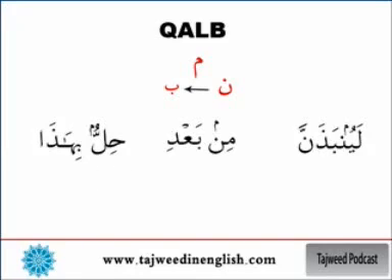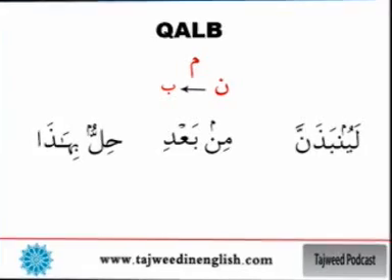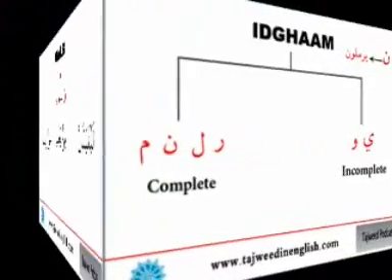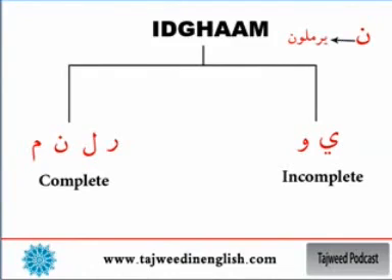These are the rules of Noon Sakina and Tanween. If it's followed by other letters of the Arabic language, of course it takes another ruling. I have also mentioned in the rules of Noon Sakina and Tanween that if Noon Sakina is followed by Yarmalun, Ya, Ra, Mim, Lam, Waw, or Noon, then idgham is divided into two parts.